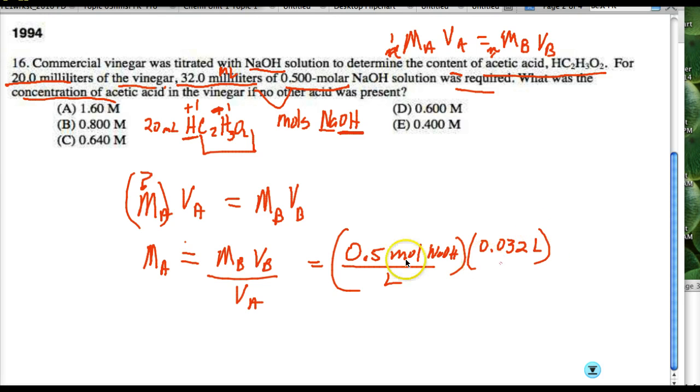And that then divided by, see how my liters cancel out? And I'm left with moles. I'm going to divide that by the milliliters of the acid, which was 20. So 20 milliliters is 0.02 liters.